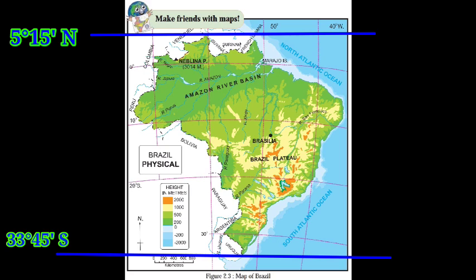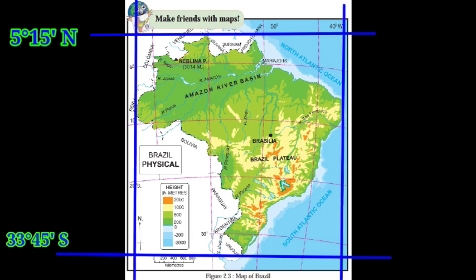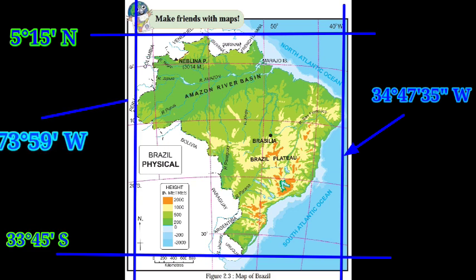We are going to define the longitudinal extent of Brazil, and these are the extreme ends of Brazil. And the longitudinal extent of Brazil is 34 degree 47 minute 35 second west to 73 degree 59 minute west longitude.